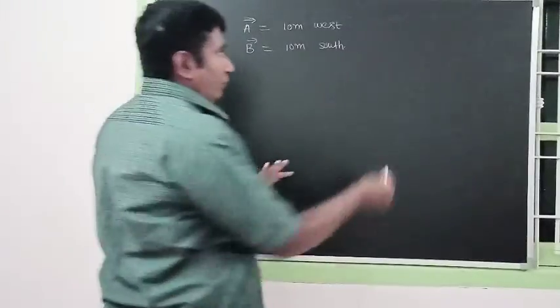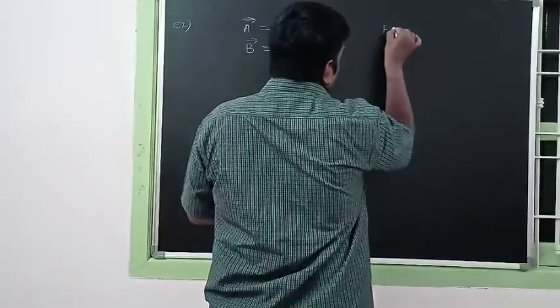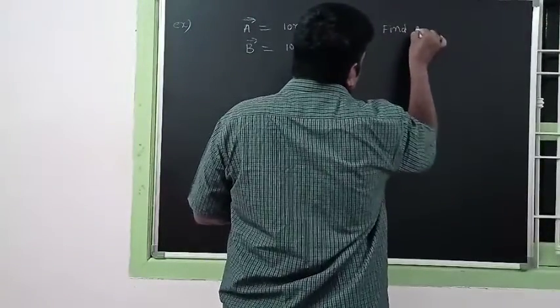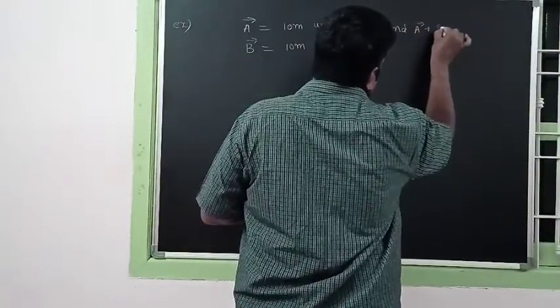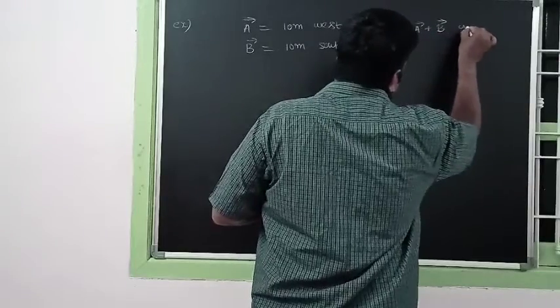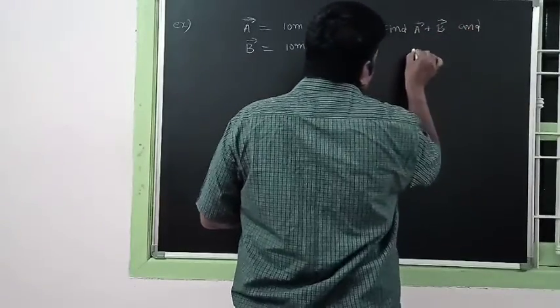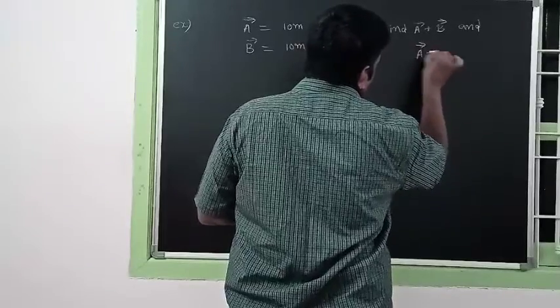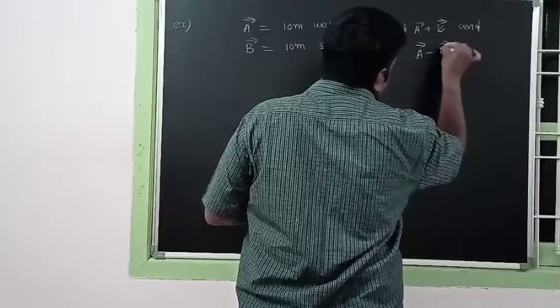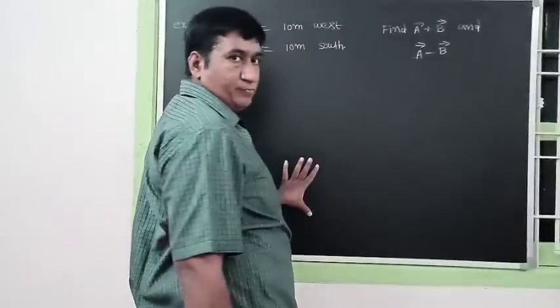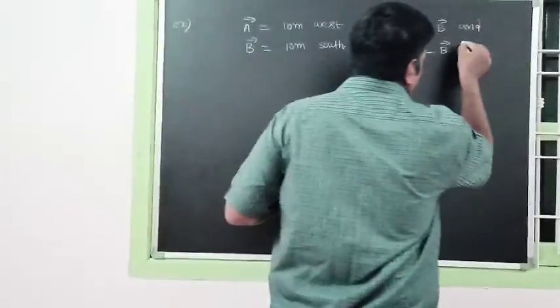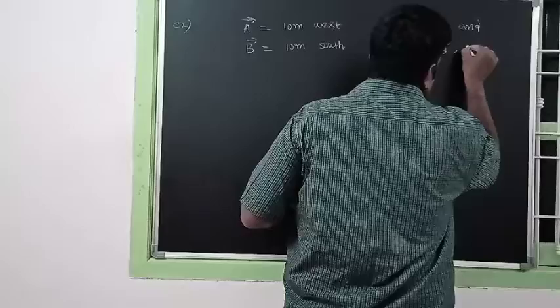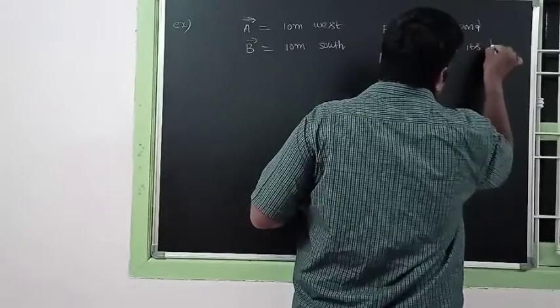Find A vector plus B vector and A vector minus B vector, and also its direction.